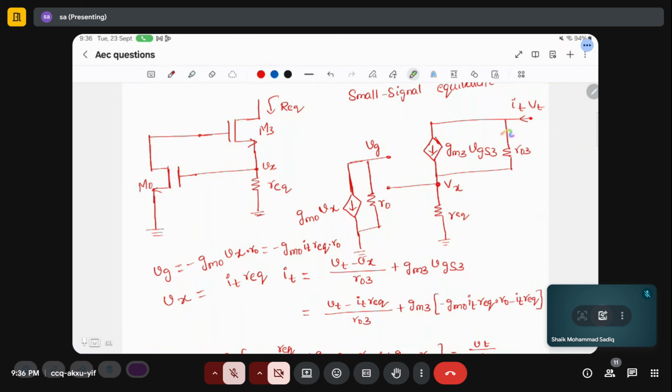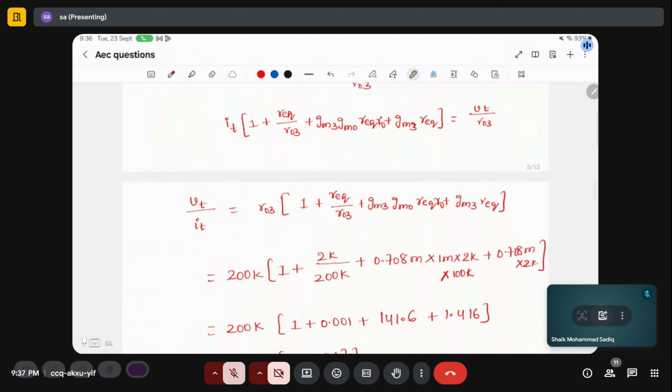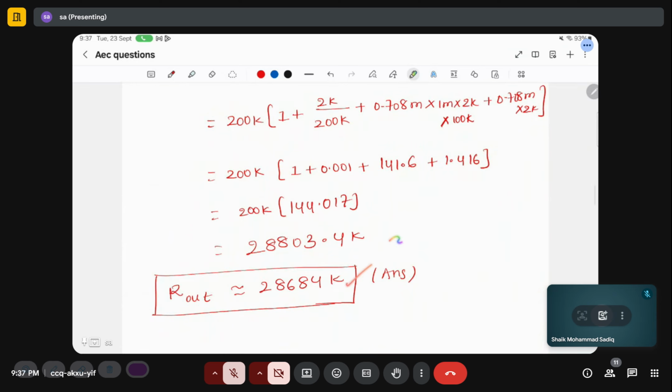IT is nothing but the sum of the current flowing in this branch, VT minus Vx by RO3, plus the current flowing in this branch, which is GM3 VGS3. If you simplify these things, you will get this answer.